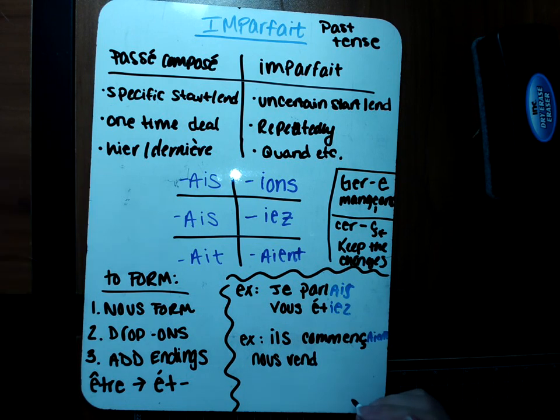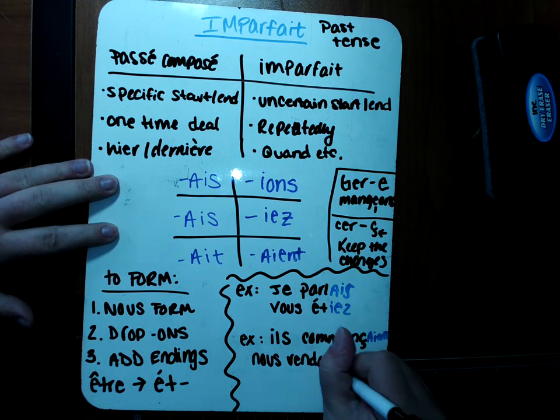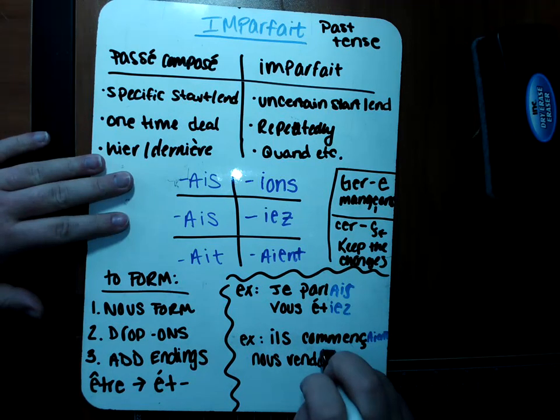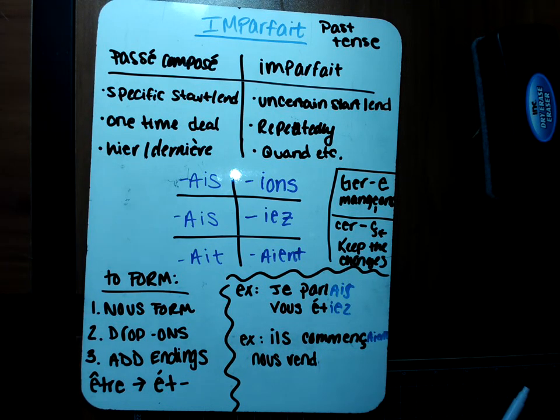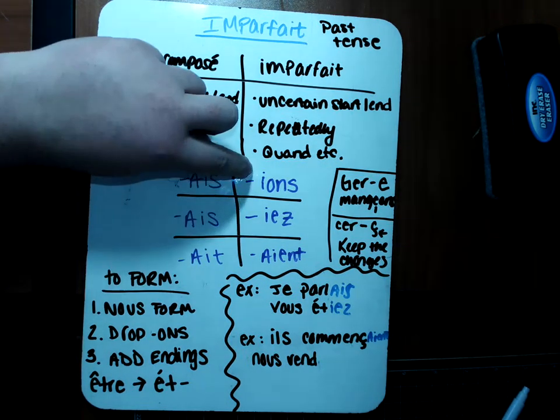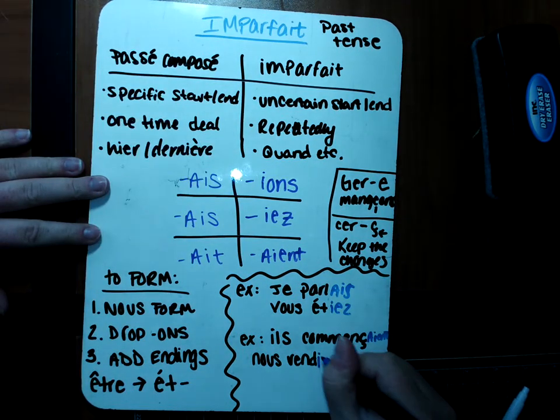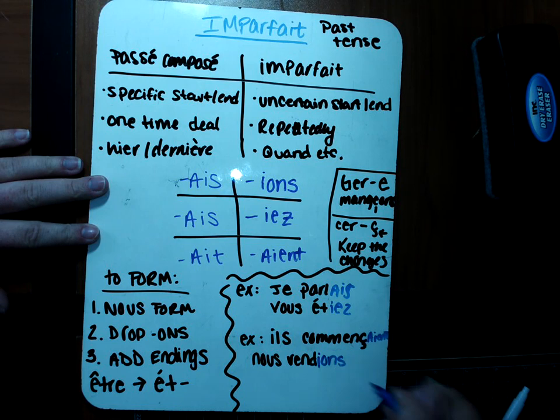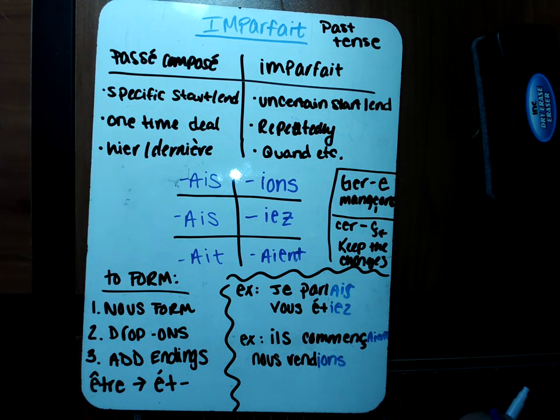We need to put it in the nous form, so vendons. Then we're going to drop our ONS, and we're going to add on our new endings here. Our new ending for the Imparfait is going to be IONS. So vendions, nous vendions, so we had sold.